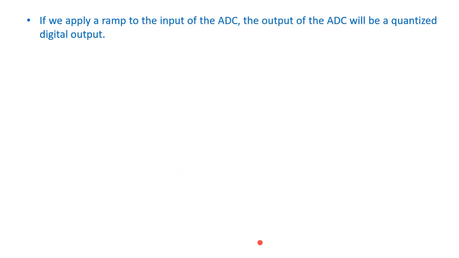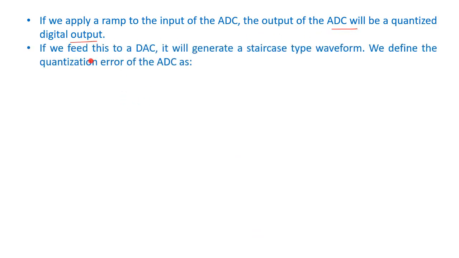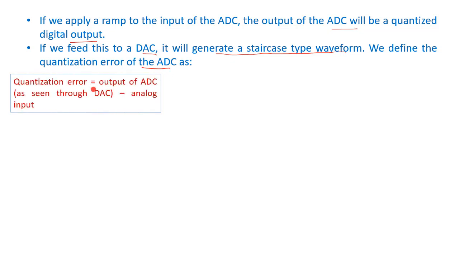Okay, so if we apply a ramp to the input of the ADC, the output of the ADC will be a quantized digital output. So let us see how it will look. If we feed this to a DAC, it will generate a staircase type waveform, obviously, right. So we define the quantization error of the ADC as this.